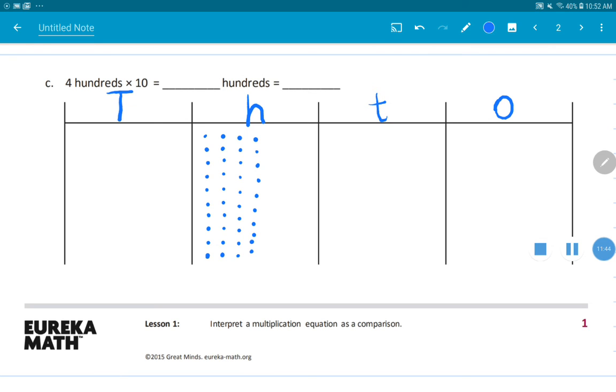What would we do next? Then you would draw circles around each one and bundle them to thousands place.